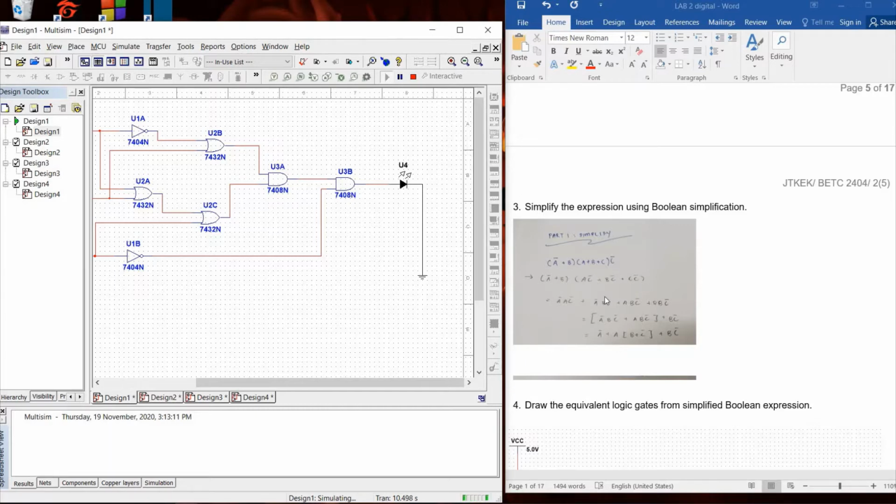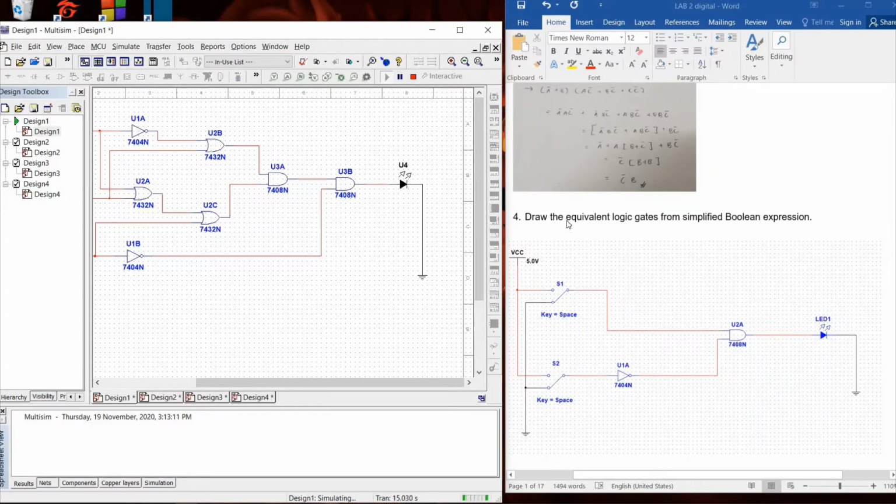Then after you explain like this, you should orderly arrange the equation as A bar plus A bar A C bar plus A bar B C bar plus A B C bar plus B B C bar. Then you should separate the similar terms, and by B C bar like this. And as you can see, the C C bar is not there, because C C bar you can cut off into 0.